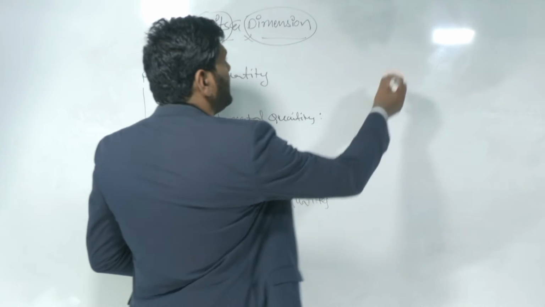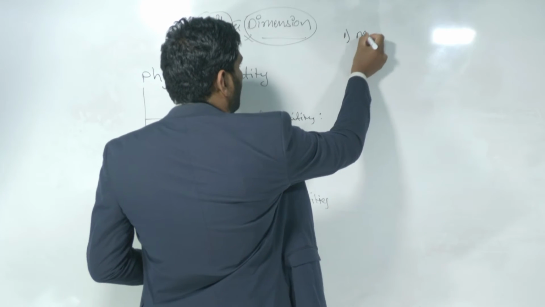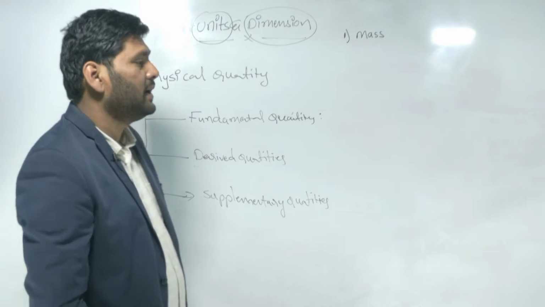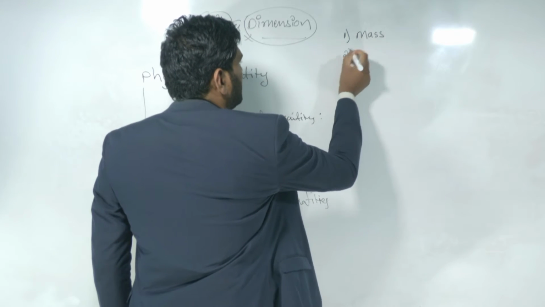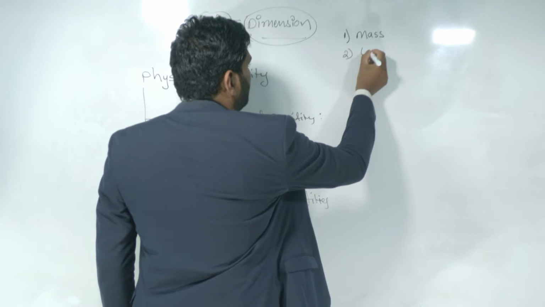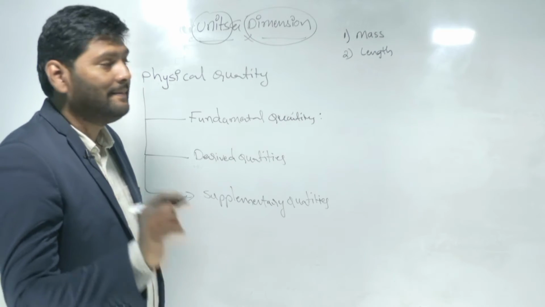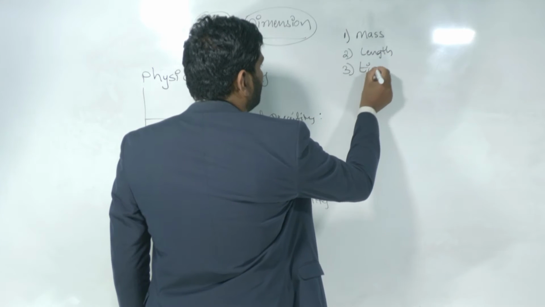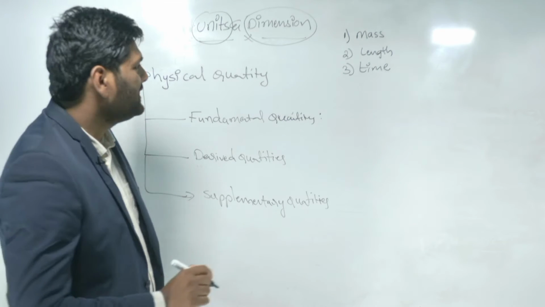Those are, I will write here, 7 fundamental quantities. First one is mass. Second one is length. The third quantity is time.